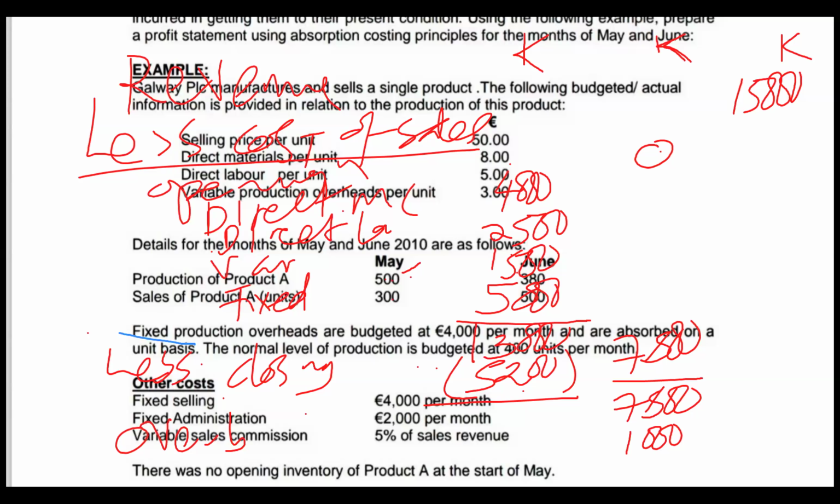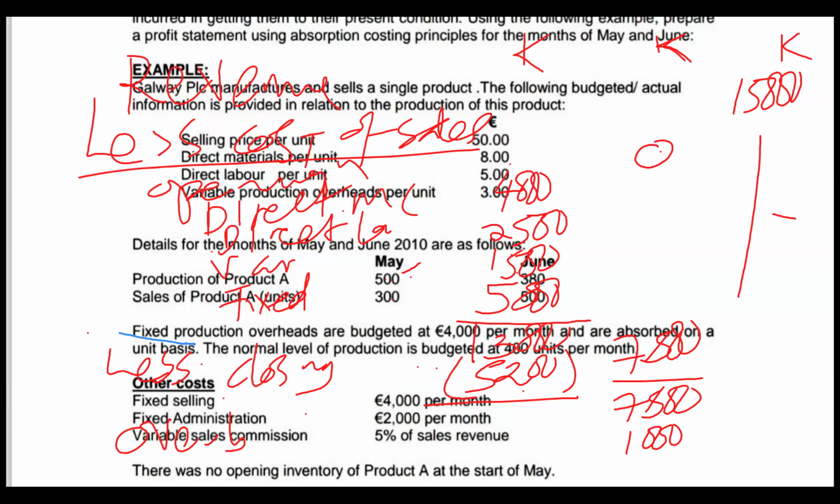Okay. So we need to deduct from the revenue, to give us 6,200.